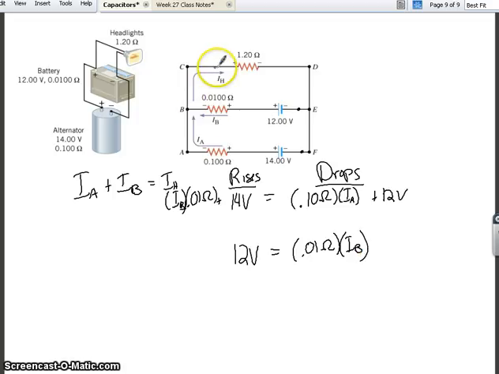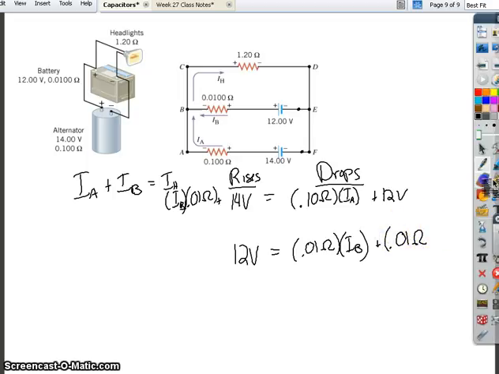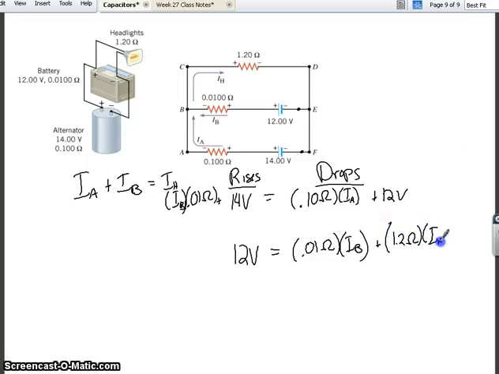This is going to be a drop plus, oh, I'm sorry, 1.2 ohms, didn't see that, times IH. And that's it. So now I have 3 equations, 3 unknowns, and now I can go through and start solving for these.